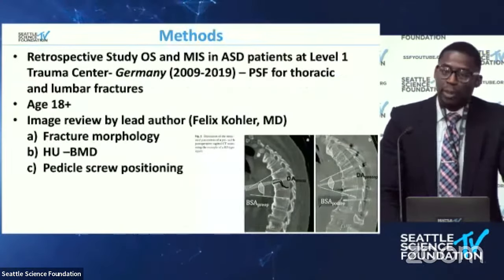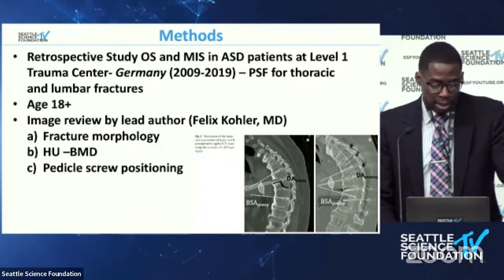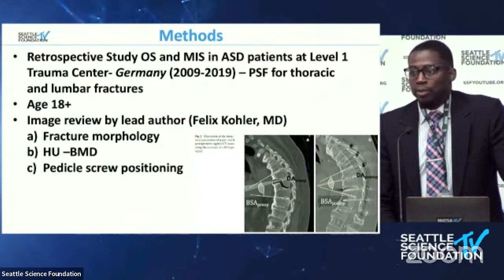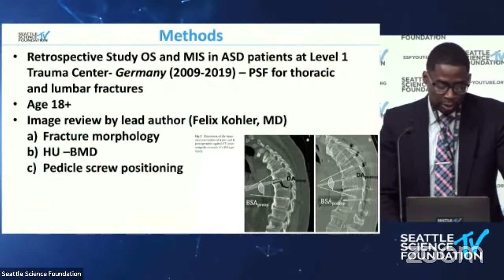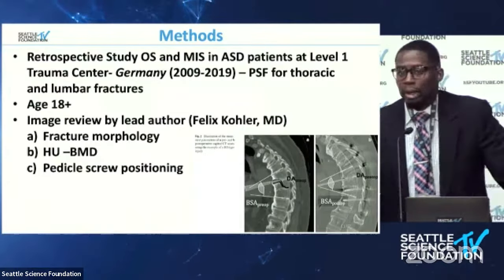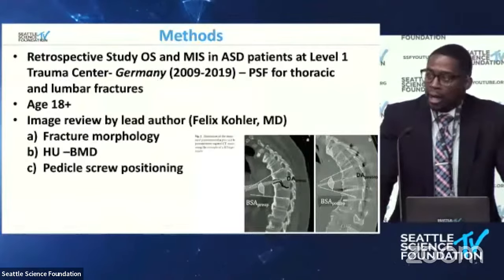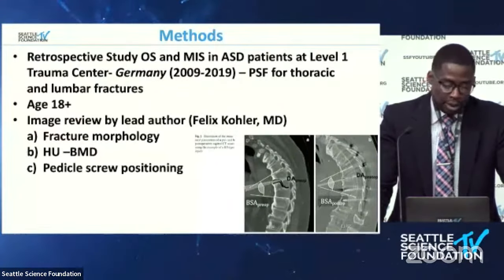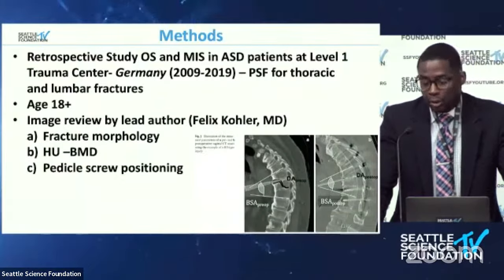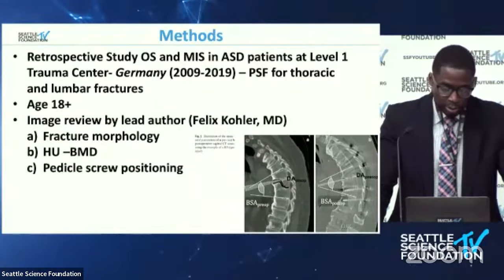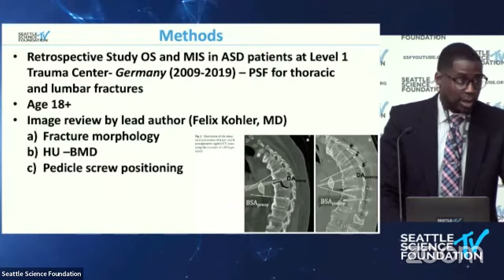They did a retrospective review over 10 years, from 2009 to 2019. All these patients underwent posterior spinal fixation, multi-level in the thoracic and lumbar regions. They were all adults. Images were reviewed by the lead author, Dr. Kohler, identifying AO Spine classification type injuries and fracture morphology, and studying the Hounsfield units to understand bone mineral density, because many of these patients, as discussed earlier, can also have osteoporosis.